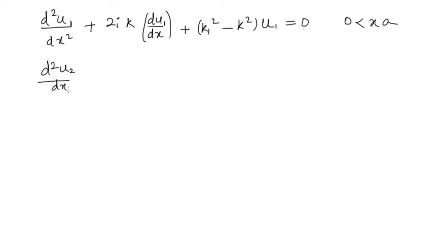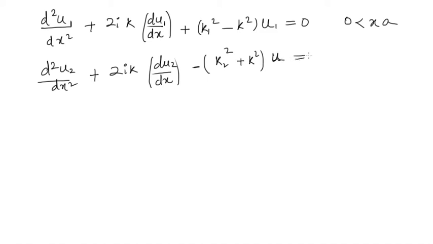d²u/dx² + 2ik du/dx − (k₂² + k²) u = 0, and x is from −b to 0.